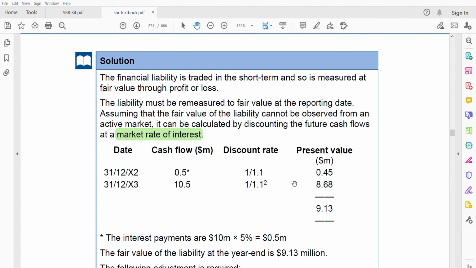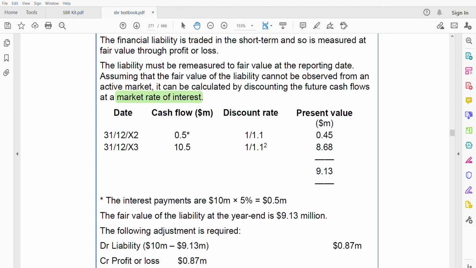Otherwise, you can use the discount factor table also. It's given there for 10% in the formula sheet in your exam. But if you know how to do it manually, I would say do it manually because it's much faster. Going through the formula sheet and finding the 10% wastes a lot of time. Round it to two decimal places, add it, and this is your present value, 9.13. So the fair value of the liability at the year end is 9.13 million.